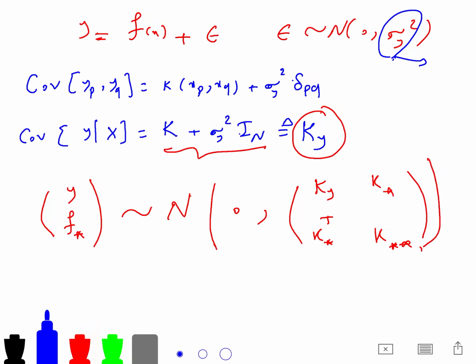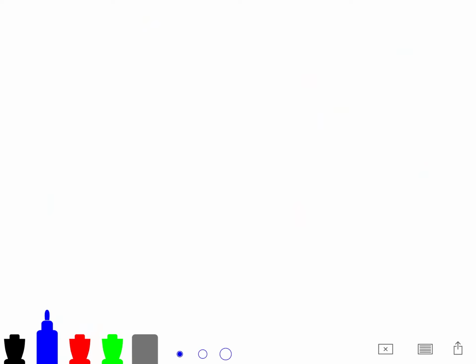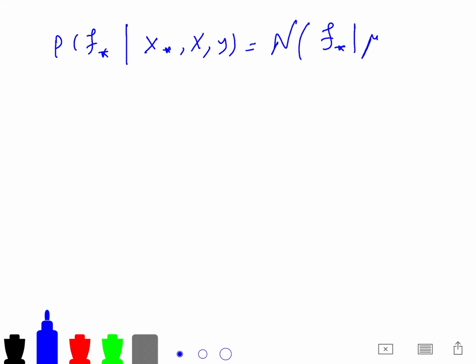So with this in mind, we are ready for the posterior predictive density, which we can write as f star conditioned on x star, x and y, which is the normal distribution of f star with mu star and sigma star.